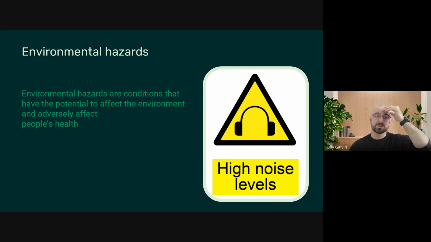Environmental hazards are conditions at work that have the potential to affect the environment and adversely affect people's health. Poor lighting is a condition that you might struggle with in your venue. Dust is an environmental hazard. Unreasonable temperatures, extreme heat, extreme cold, can adversely affect people's health.